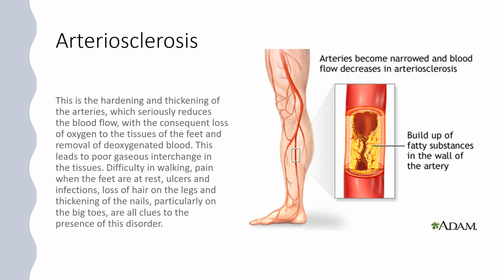Now let's discuss arterial sclerosis, and you will remember our lecture on arterial sclerosis in our foot health practice lectures that we've had. This is the hardening and thickening of the arteries, which seriously reduces the blood flow with the consequent loss of oxygen to the tissues of the feet and removal of deoxygenated blood.